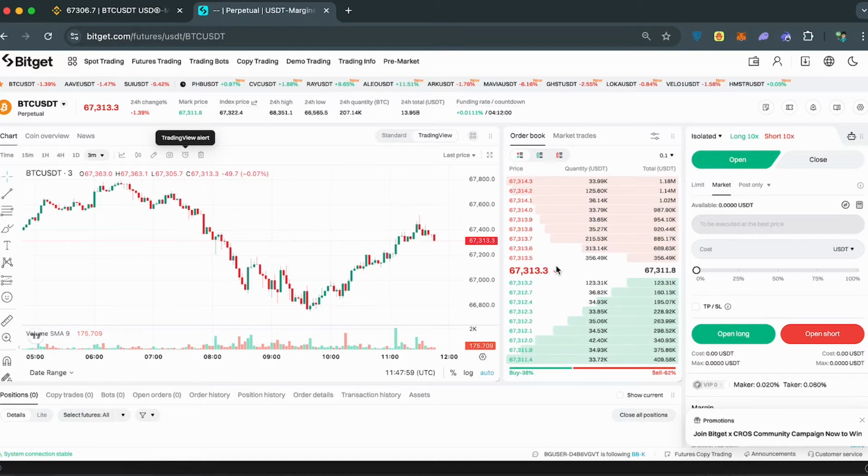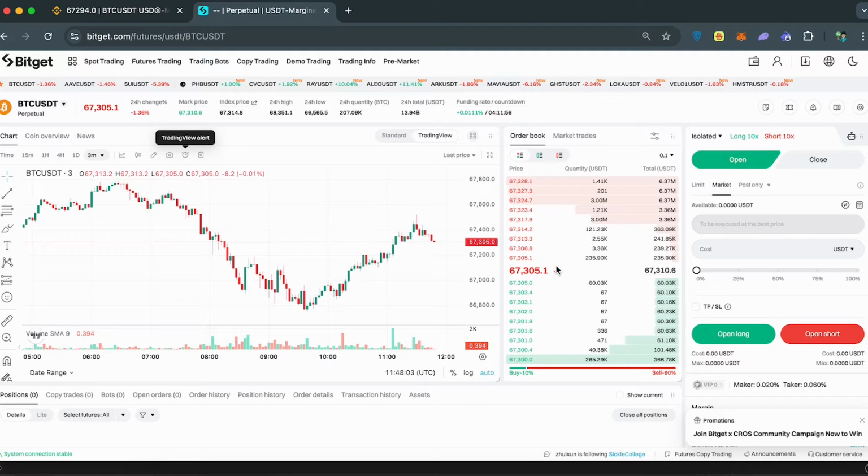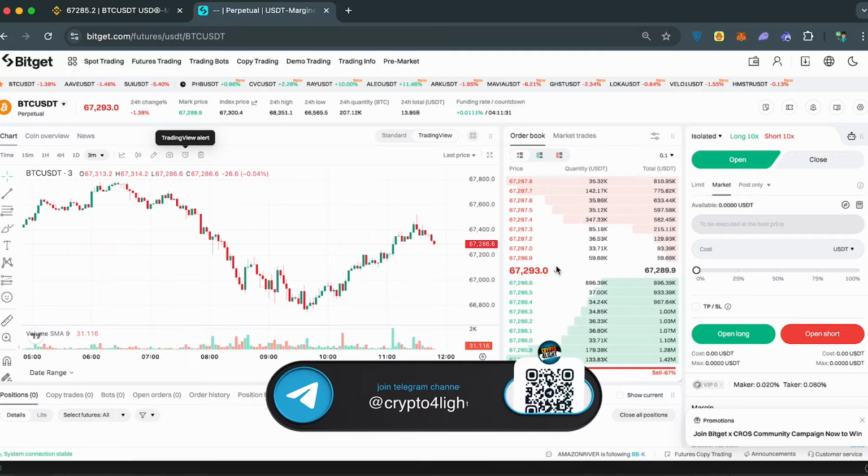This information is important for people who trade with big leverage, because, for example, you can analyze the BTC/USDT futures trading pair on TradingView using Binance but open the trade on BitGet, and you will get tiny stop losses or liquidations. So you have to open a position and analyze the futures on the platform where you trade.